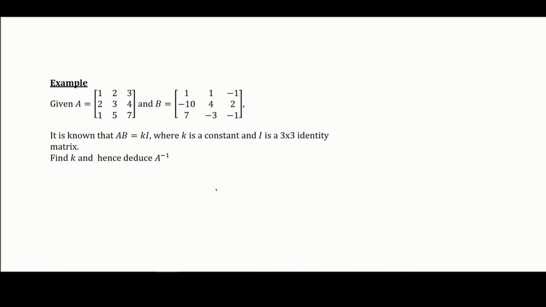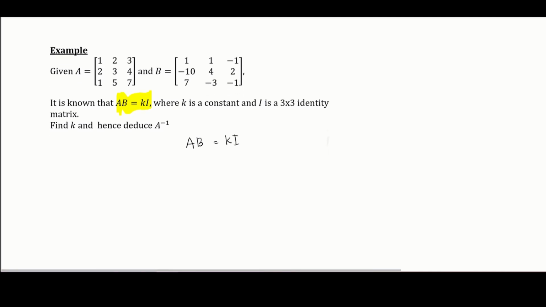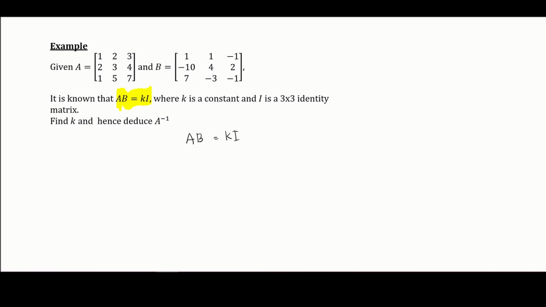Alright, for this question, we have A times B equals KI. That means if we multiply A and B, we're going to get K times the identity.